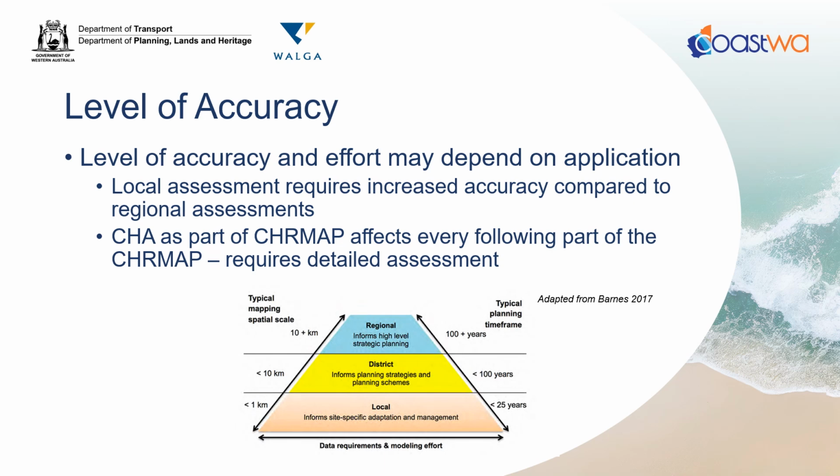You might need more effort in modelling and analysis of that data than if you're looking over a more regional scale, 10 plus kilometres, 100 plus years, just to inform some high-level strategic planning. You probably don't need as much data. You probably don't need as detailed modelling as you would for a more detailed local case.